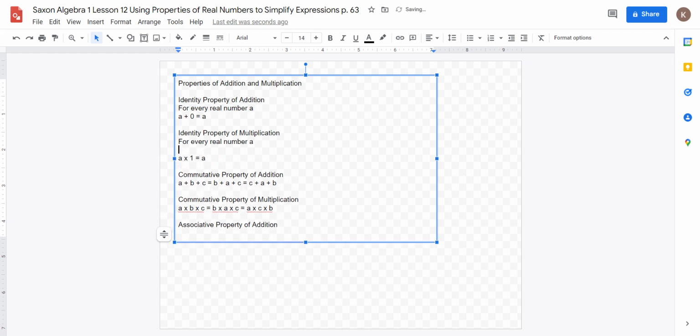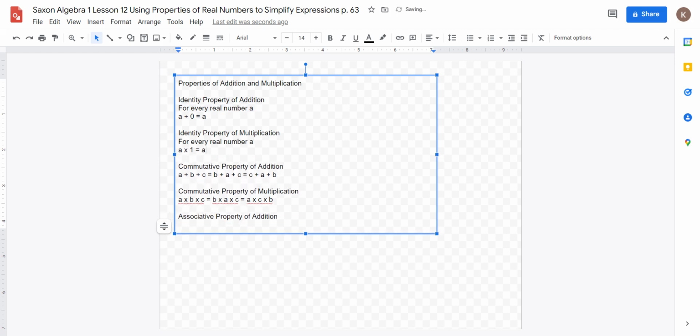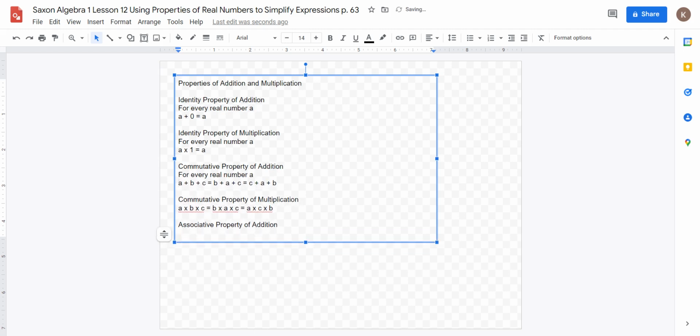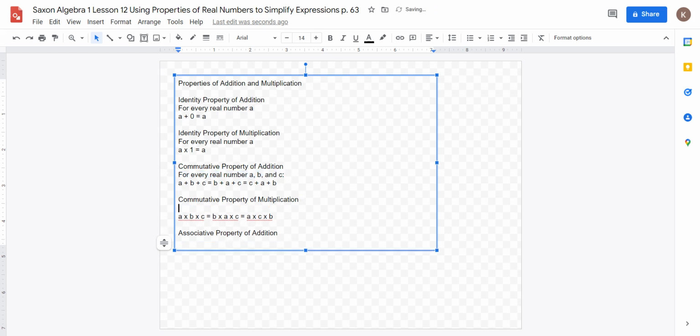It's for every real number A, and then this one's for every real number A, B, and C. I just want to make sure we're noting that we're working with real numbers here. And then for this one, it's the exact same thing. So I'm just going to copy that little rule down here for every real number A, B, and C. Okay, same with the associative property of addition.